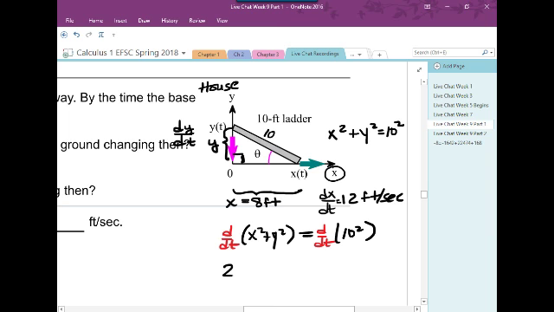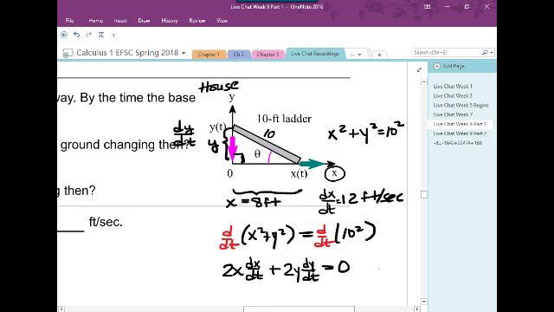So it's going to be 2x dx dt by the chain rule plus the derivative of y squared, which is 2y dy dt. And then on the right, the derivative of 100 is just 0. So we get the same relationship we got before, if you recall, in the other problem. And that's a relationship you're going to get whenever you have a right triangle.